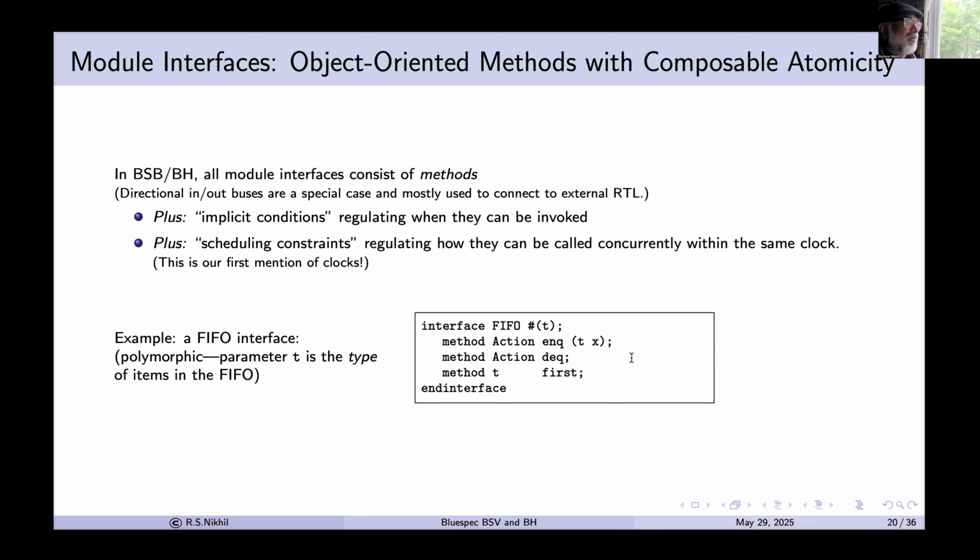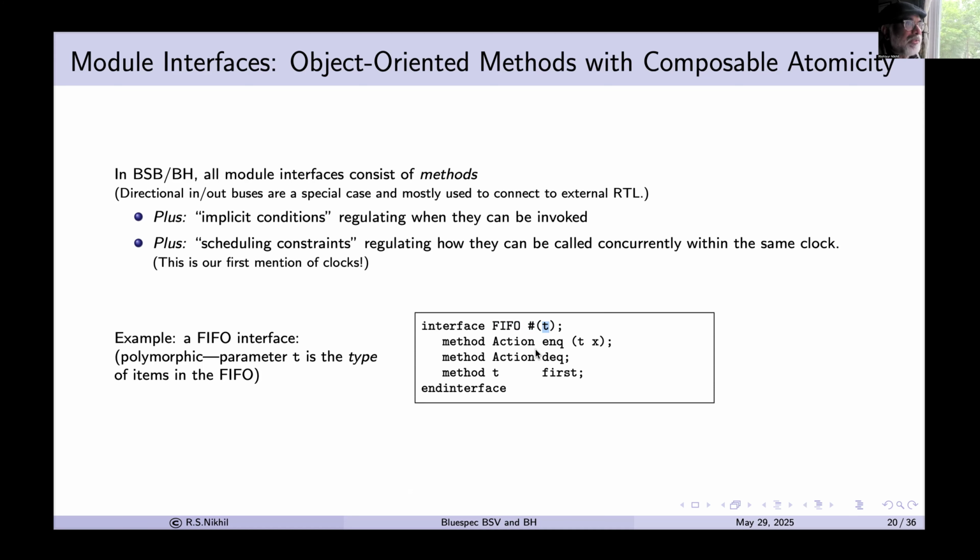So this is an example of an interface in BSV. It's an interface of a FIFO, and you can see the SystemVerilog-ish notation that we use here. That is, a type hash parentheses is the parameterized type, just like in SystemVerilog. In this case, T is a type variable, so this whole interface is polymorphic. It's a FIFO of things of type T, whatever T may happen to be.